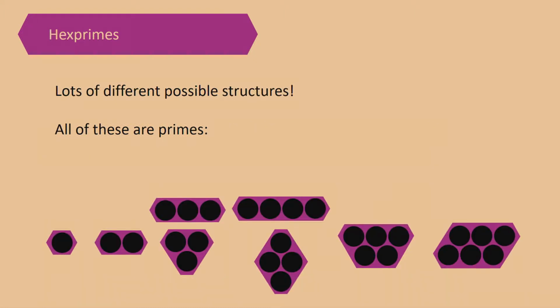But hexprimes, it turns out, are really cool. Going from left to right, you can see 1, 2 representations of 3, 2 representations of 4, 5, 6. There's plenty more representations, but I didn't want to draw them all out in PowerPoint. As you can see, all of these have at least one side that's length 1.